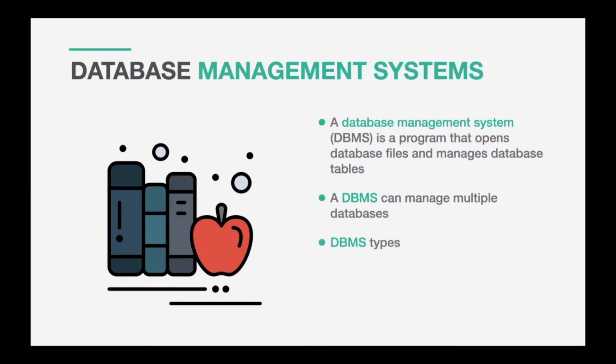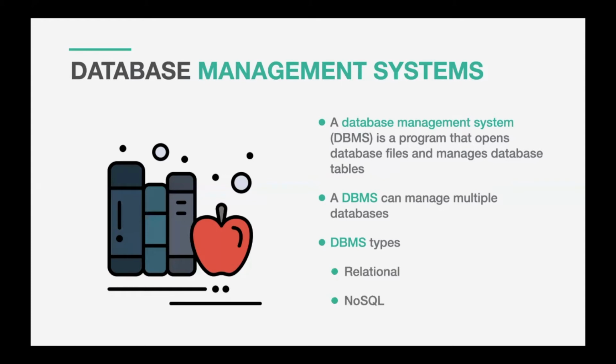There are different types of database systems. The two most popular are the relational database systems and the NoSQL database systems. Relational database systems are what we'll be learning in this class, because we'll be learning MySQL, which is a relational database. NoSQL is a newer form of database, and it's called that because it doesn't use the SQL language, whereas all relational database systems use a version of SQL.